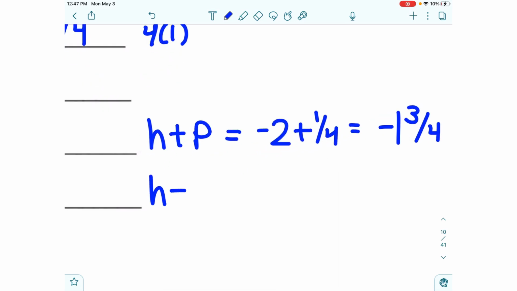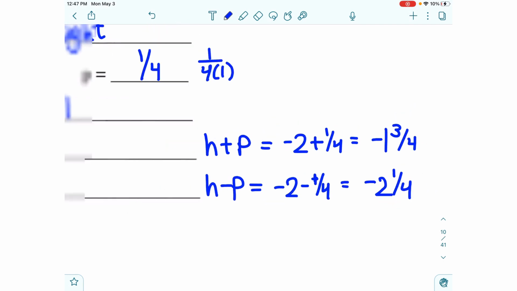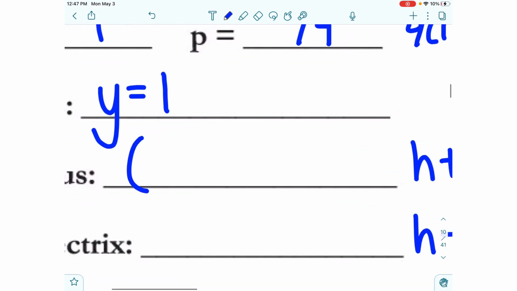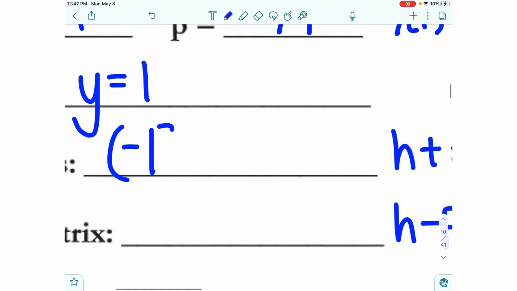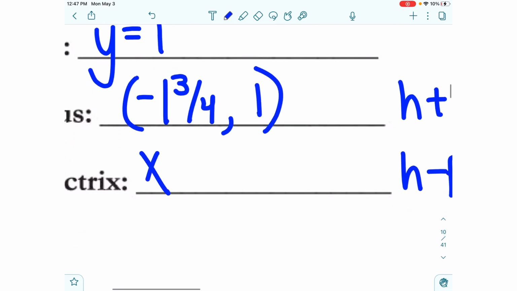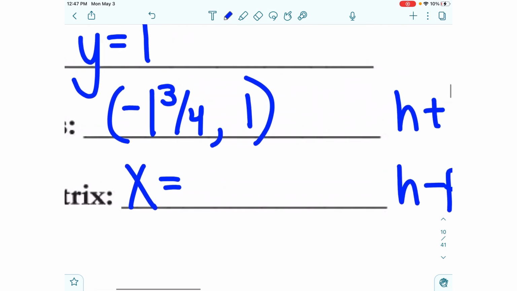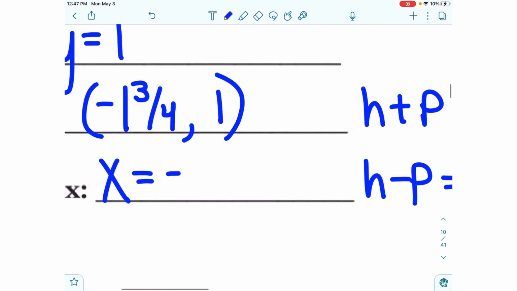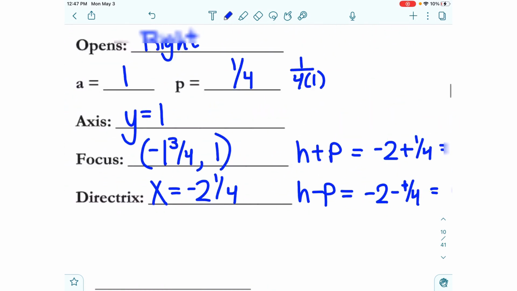H minus p is going to be -2 1/4. So it's the x value that has changed to -1 3/4. Y value stays 1. And directrix is the opposite letter as the axis, so x equals -2 1/4.